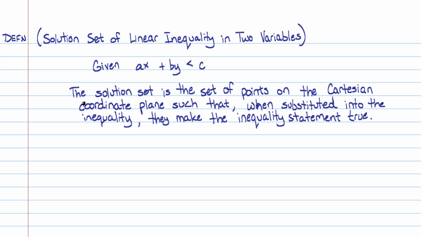It turns out, though, that the solution set to a linear inequality in two variables, when you graph it, ends up being a half plane. So let me write out a definition for that. As I started writing this down, I thought, well, half plane, the only definition I can give for it is half a plane. It's like taking a sheet of paper and drawing a line over it.